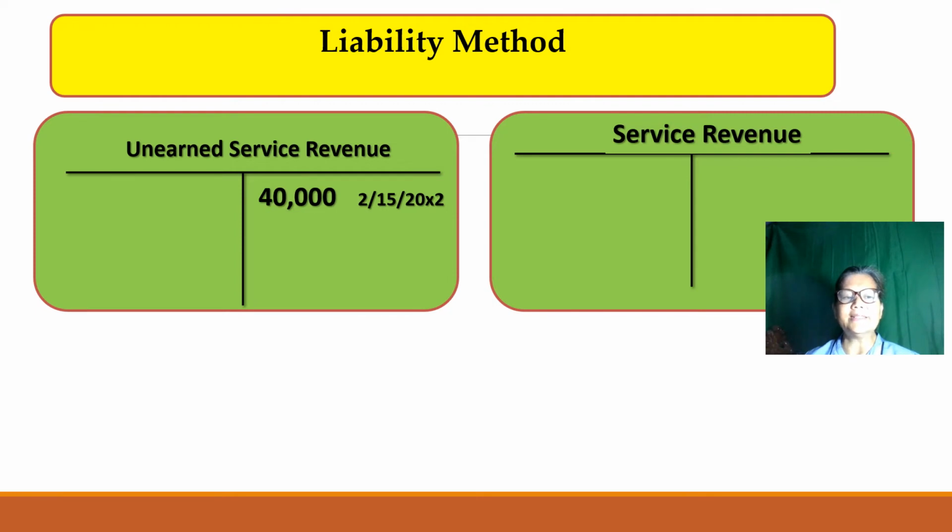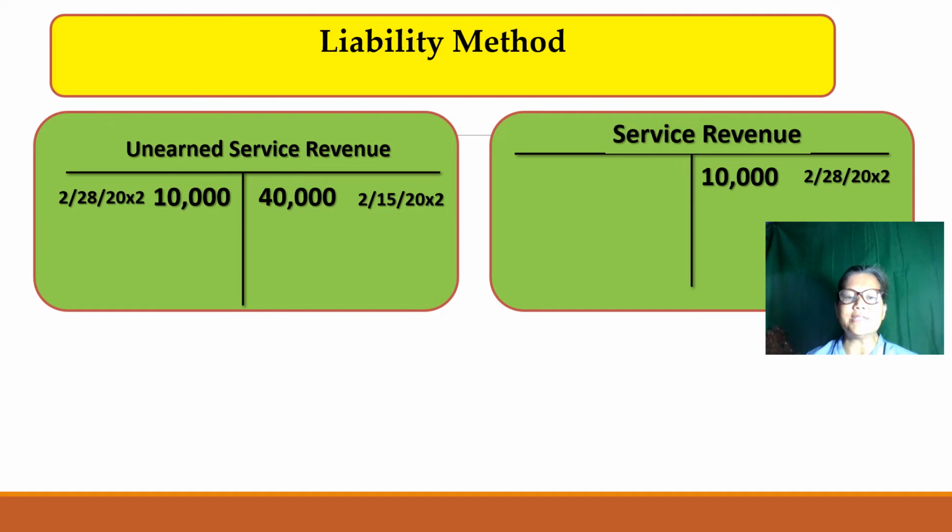Unearned service revenue is a liability account. Therefore, here is 40,000 credit because the cash is debited. And then on February 28, we have 10,000 for our unearned service revenue. And then we are going to use the service revenue of 10,000 on February 28.